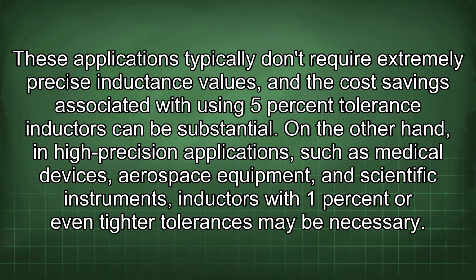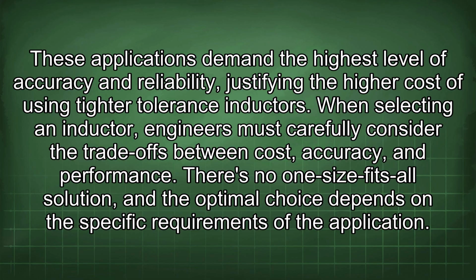On the other hand, in high-precision applications such as medical devices, aerospace equipment, and scientific instruments, inductors with 1% or even tighter tolerances may be necessary. These applications demand the highest level of accuracy and reliability, justifying the higher cost of using tighter tolerance inductors.